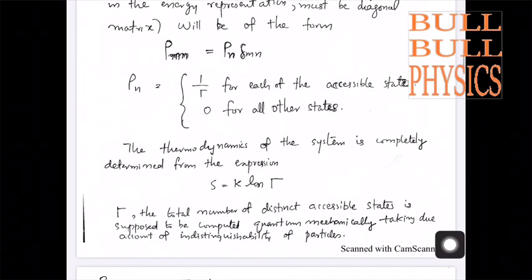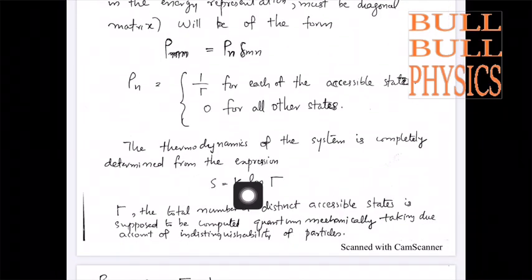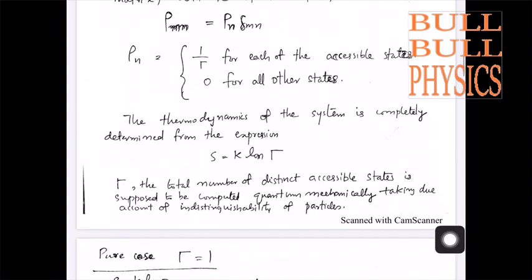The thermodynamics of the system is determined by the expression S equal to k log gamma. Gamma, as I said, is the total number of distinct accessible states. It now has to be computed quantum mechanically, taking due account of the indistinguishability of particles.